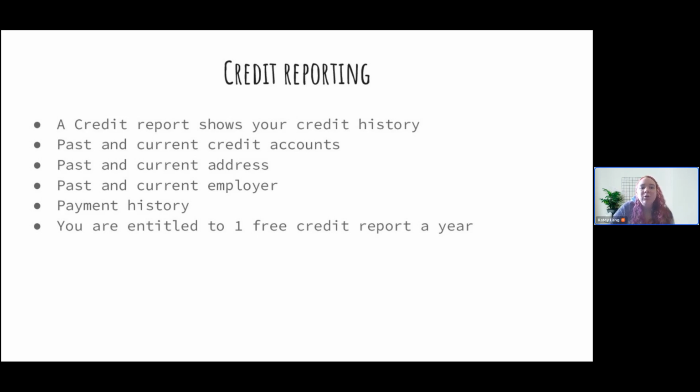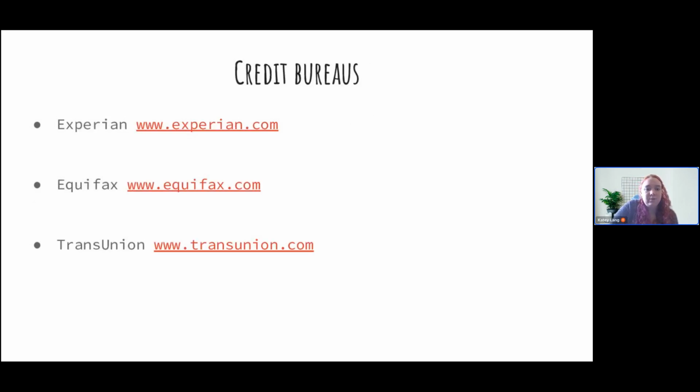So a credit report shows your current address, your past addresses, current and past employers, any open credit accounts, on-time payments, late payments, and of course you are entitled to one free credit report a year. You can actually find that online if you go to Experian's website, TransUnion, or Equifax. Any of their websites should have information on how you can obtain a free copy of your credit report.